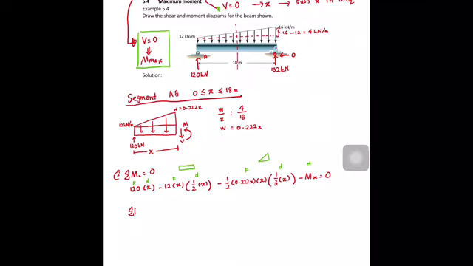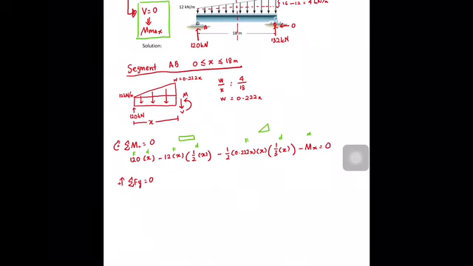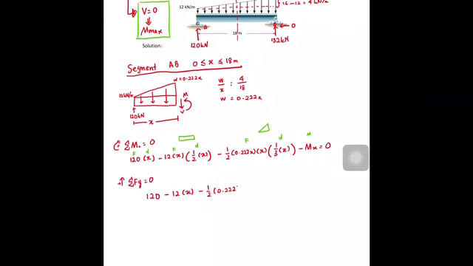And then for the V equation, summation Fy is equal to 0, upward is positive, then you have 120 minus, because it is downwards, and then minus 1 over 2, 0.222x times x. Since you already have the notes here, you can simply take the F value from the moment equation.